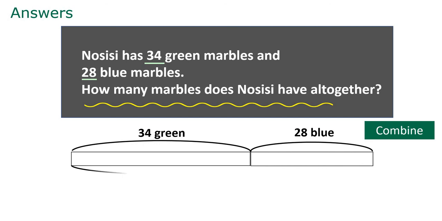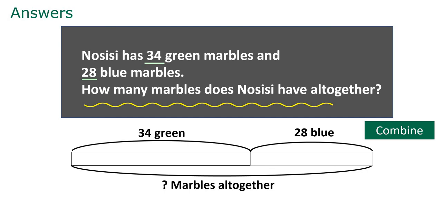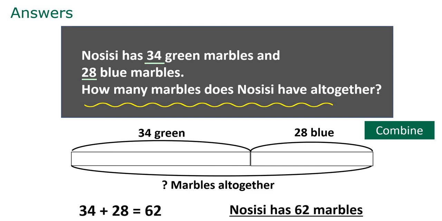Use a question mark to show how many marbles Nosiso has together, and then using the number sentence we say 34 plus 28, the answer is 62. It means Nosiso has 62 marbles.